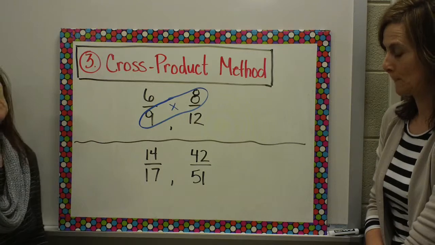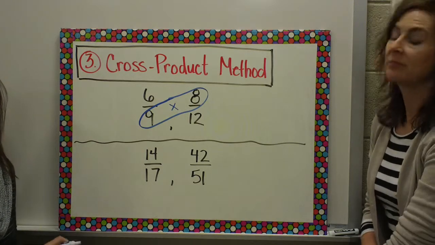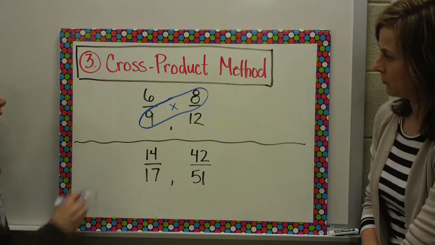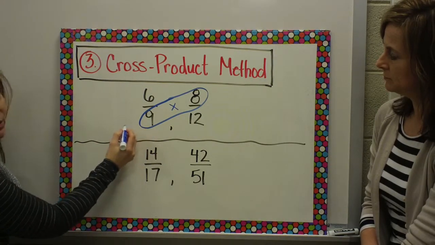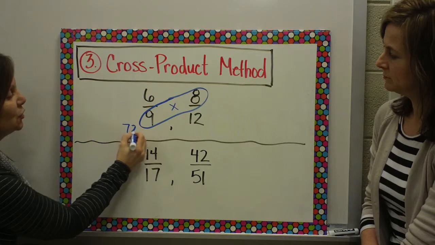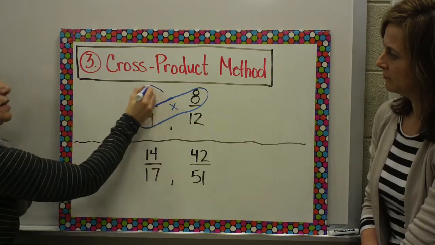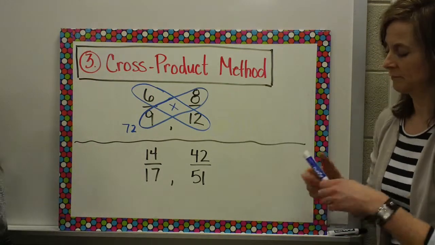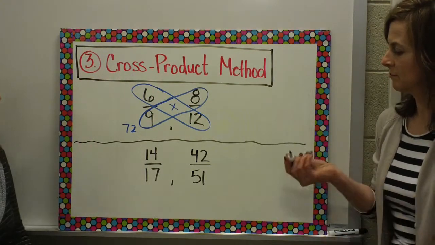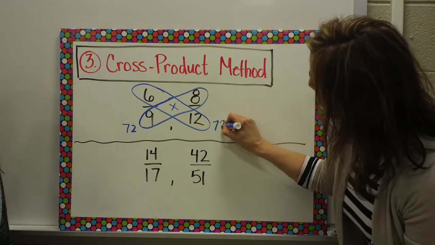If there are numbers that you would like to use your calculator for, take out your calculator and use that. I'm going to write down what my product is down on the bottom here. So 9 times 8 is 72. I'm going to make the diagonal with the other two numbers also. So I have 6 times 12, so I have 72.